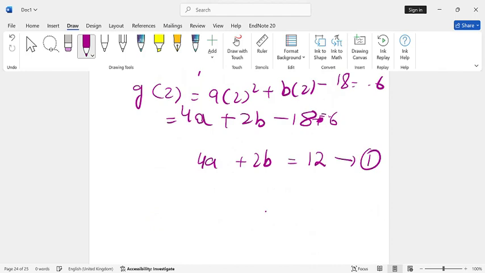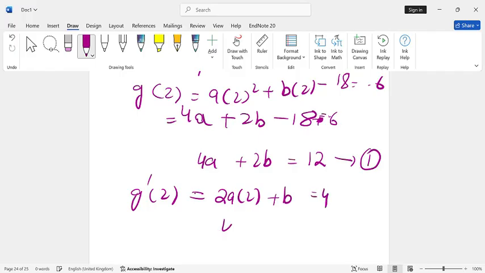And when we take the value x equals 2 in the other equation, we get 2a times 2 plus b equals 4.